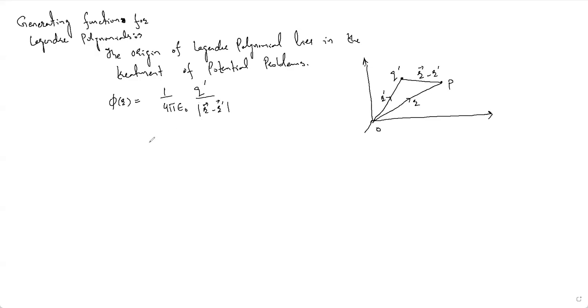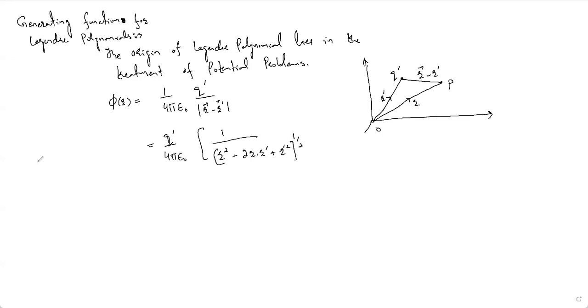I can write this equation as Q dash divided by 4 pi epsilon naught, times 1 divided by r square minus 2 r dot r dash plus r dash square, to the power 1 over 2.